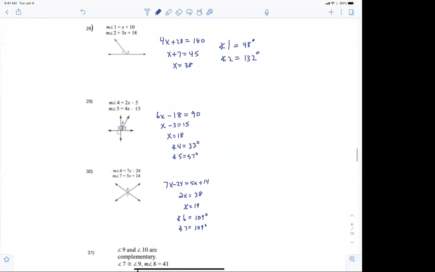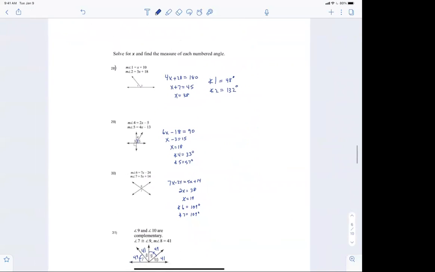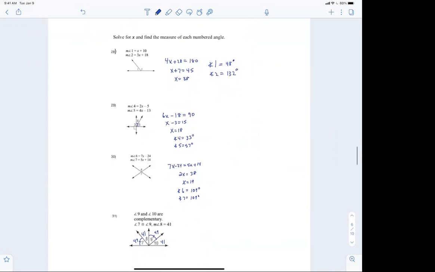Now, these I thought should be pretty easy for you guys. It's just determining if they're equal or supplementary or complementary or things of that nature. Does anybody have any questions with 28 through 31?